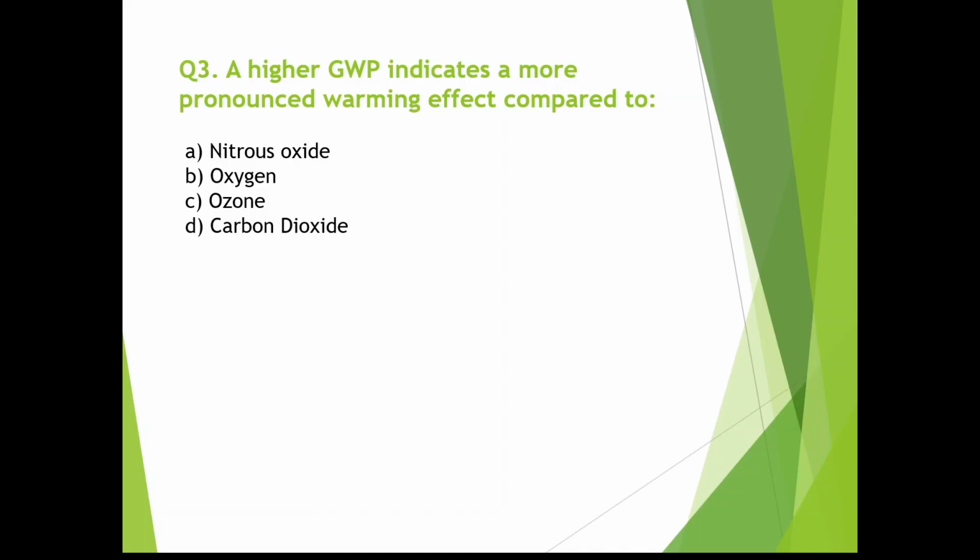Let's see who is correct and who is the winner for this question. Compared to. So every time the GWP will be compared with what? That is the question that has been asked.